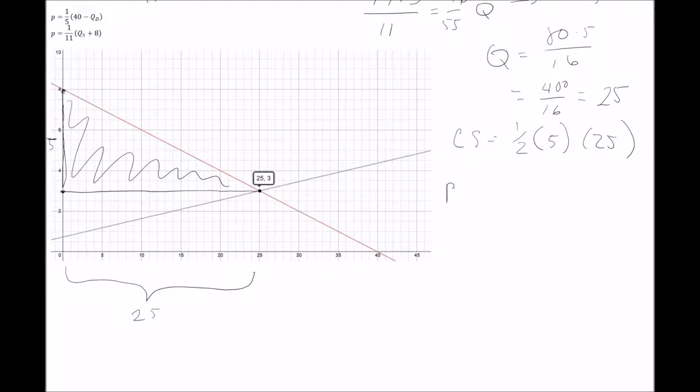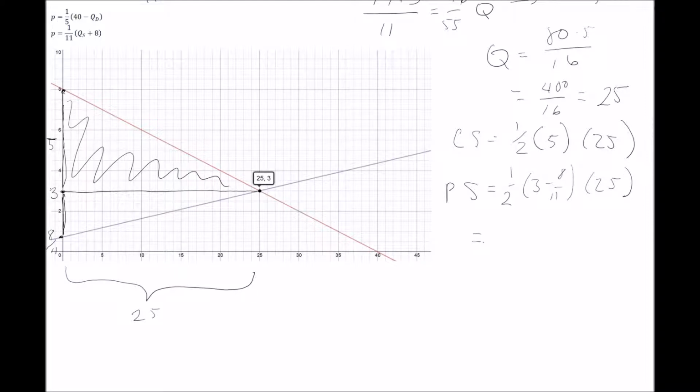For the producer surplus, same basic idea, except that now we're measuring this distance right here. We're going from a y value of 3 down to the y-intercept here of 8/11. So we're going to have 1/2 times 3 minus 8/11 times 25.